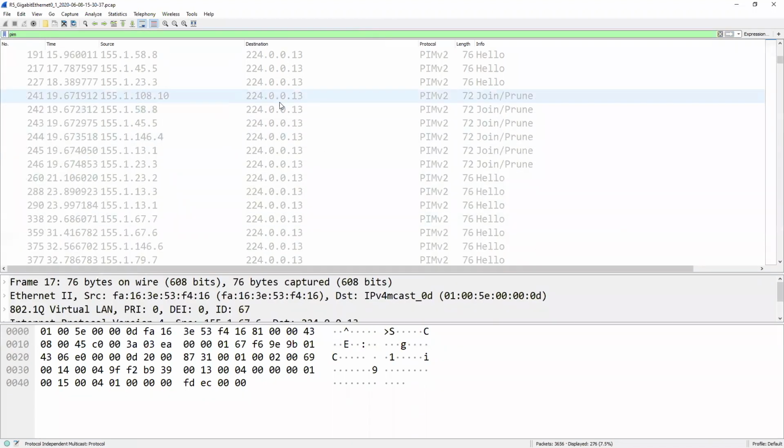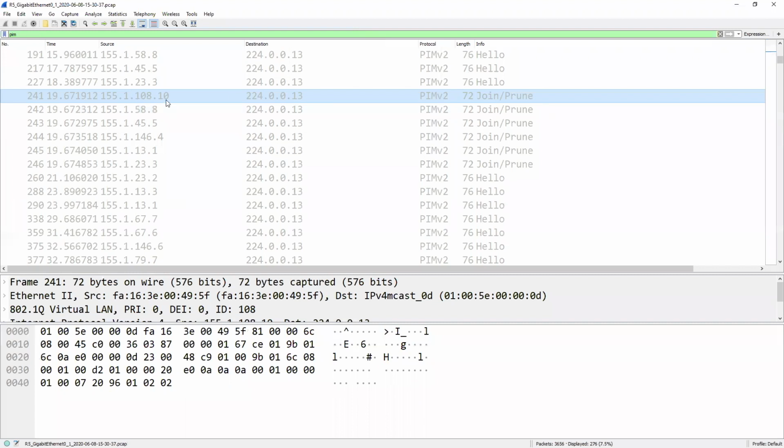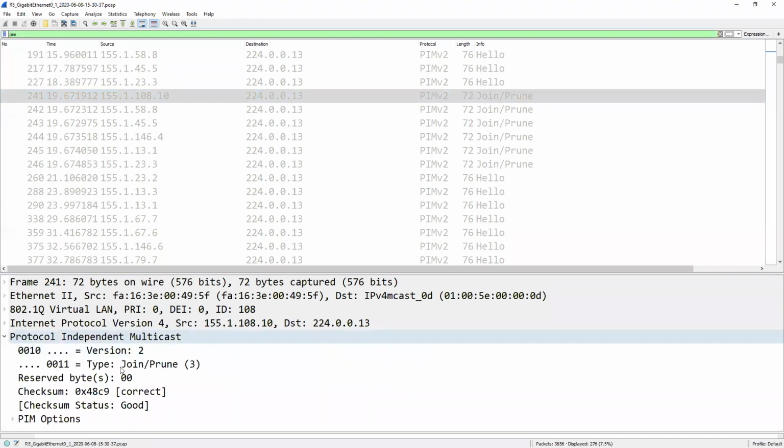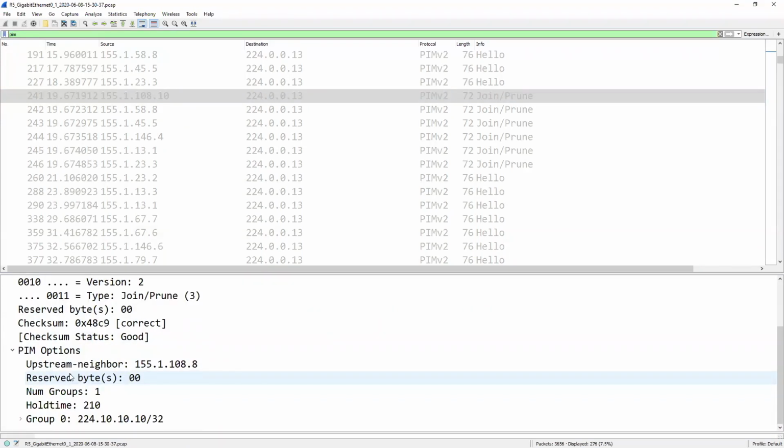Okay, so we have a PIM join/prune that came in from router 10, 155.1.108.10, going to 224.0.0.13. And if we look inside the payload, what this should tell us is the specific group that we're trying to join. Okay, so it says the upstream neighbor 155.1.108.8, tell them that we want to receive traffic for the group 224.10.10.10.